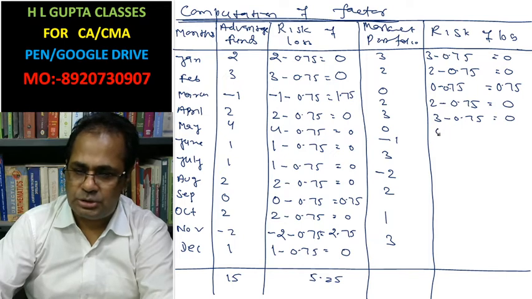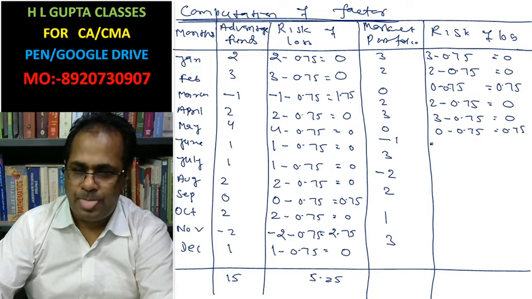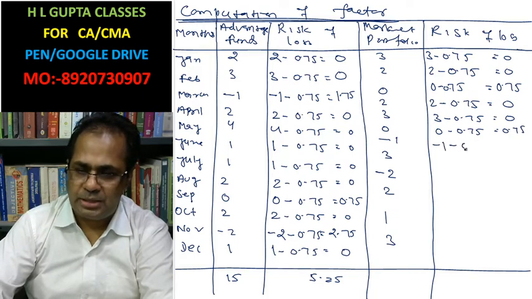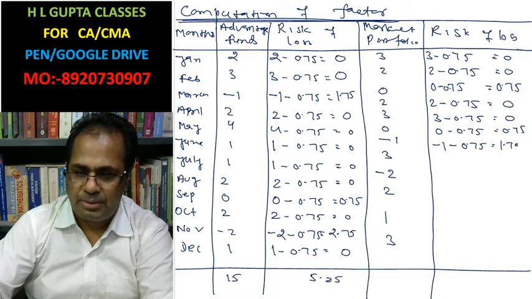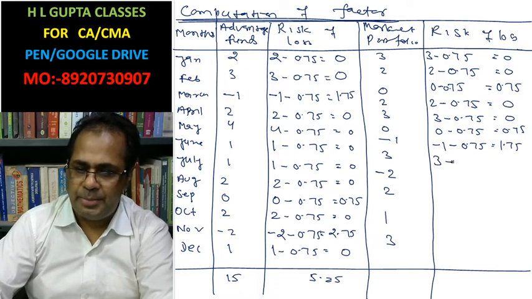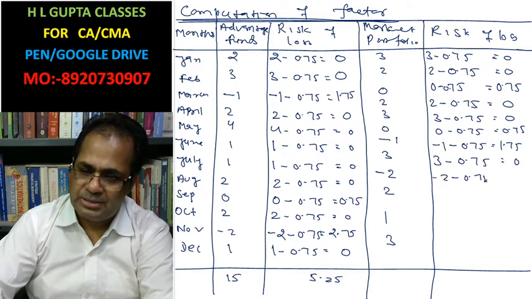Risk of loss is 0. 0 minus 0.75. Risk of loss is 0.75. -1 minus 0.75. Risk of loss is 1.75. 3 minus 0.75. Risk of loss is 0. -2 minus 0.75. Risk of loss is 2.75.